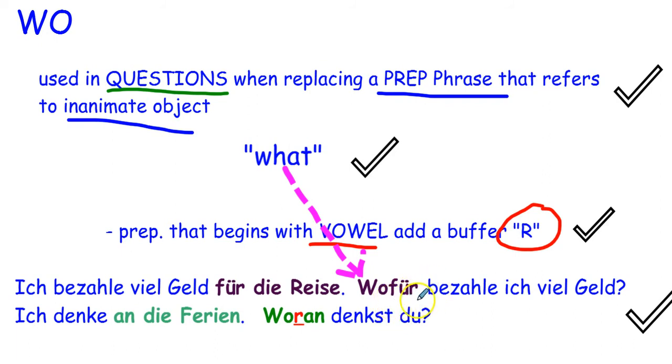Für begins with an F, so no buffer R is needed. However, an: ich denke an die Ferien, I'm thinking about the vacation or holiday. An is a preposition beginning with a vowel, so I need that buffer R. So, woran denkst du? What are you thinking about? Or on. So, da and wo.